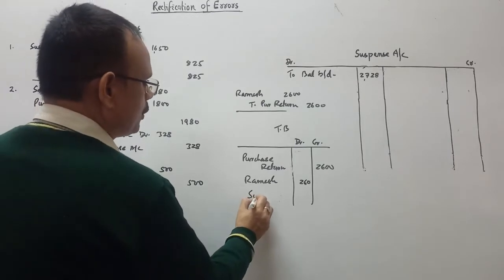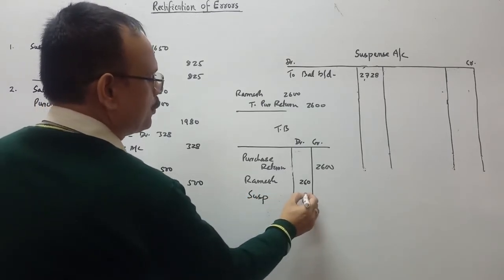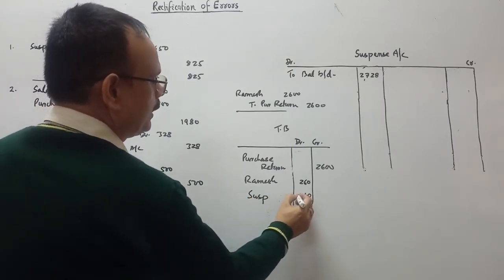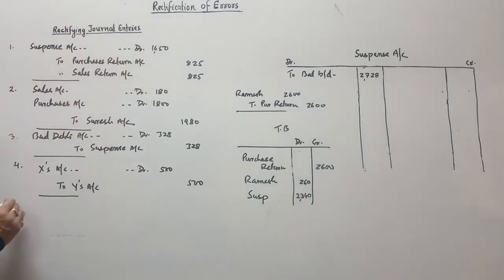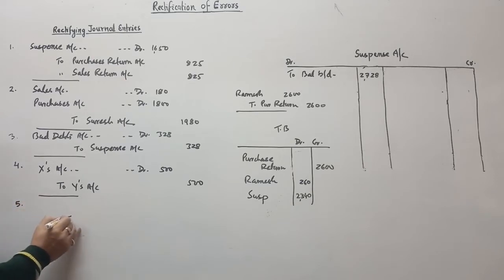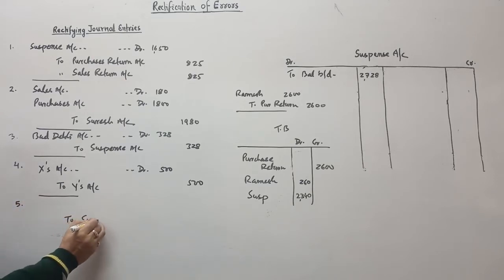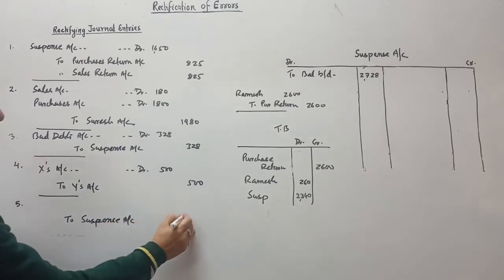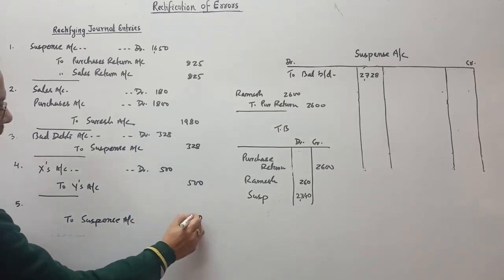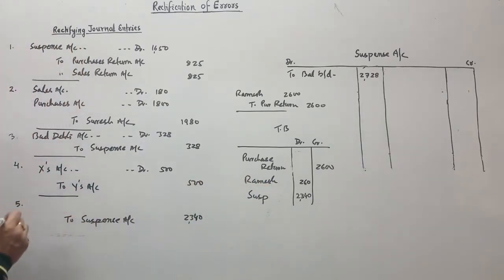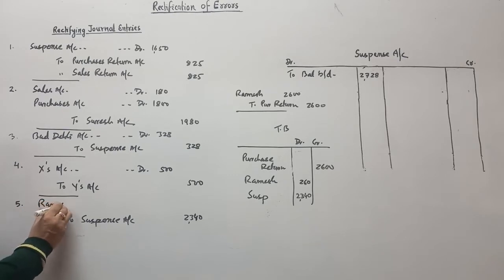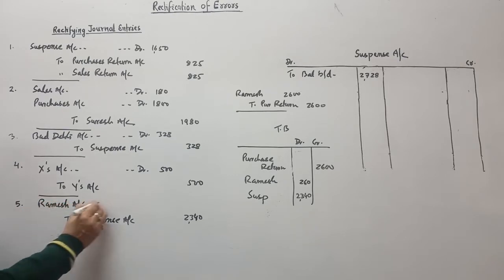So the suspense account will be on the debit side, 2340. What you will do is credit the suspense account. First of all you cancel the suspense account, 2340. This is the first one. Ramesh account you have to debit, because you have written less in the Ramesh account.